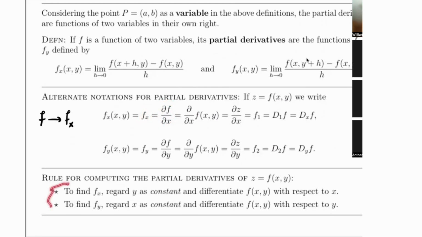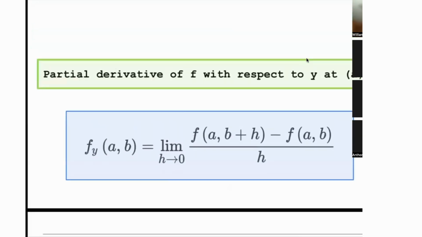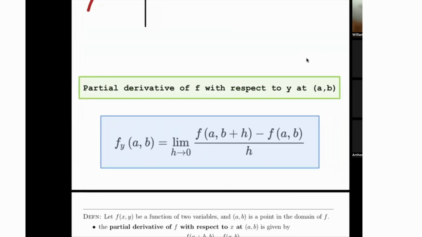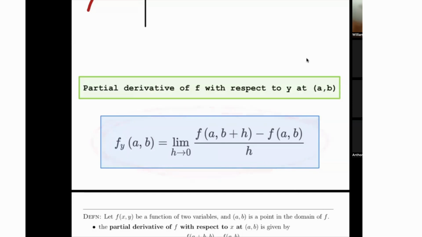And then these are the rules to find the derivative with respect to x. Basically, just treat y as a constant. Try to imagine it's a constant, not a variable, and then just differentiate, usually using the rules you learned in Calc 1. The rules you learned in Calc 1 apply because we're essentially starting at the same point that you started in Calc 1.